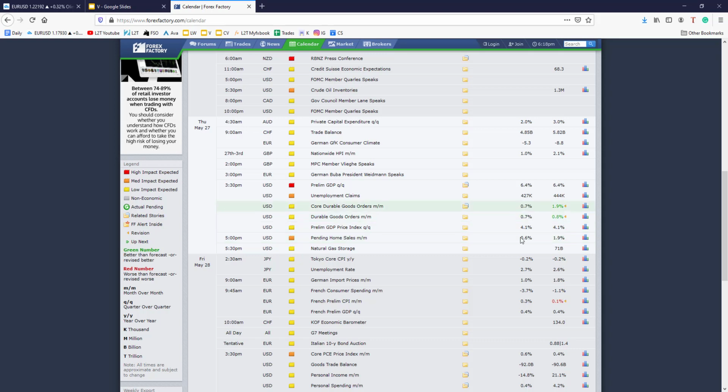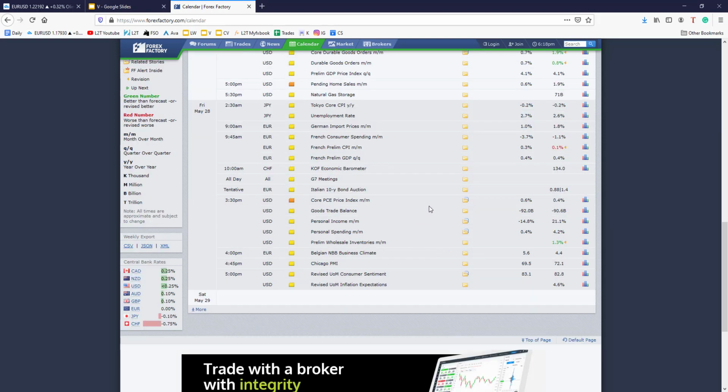So you can see that we may have some increases here, but below the former growth in the previous reporting periods. Also on Friday, goods trade balance, personal income, personal spending.